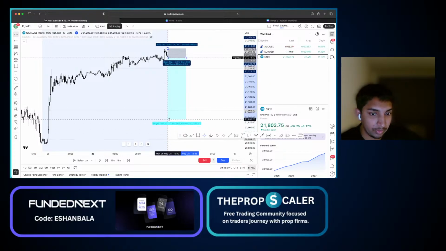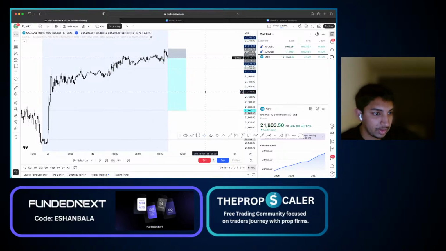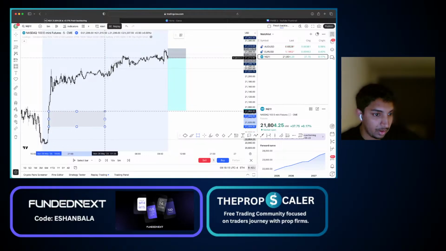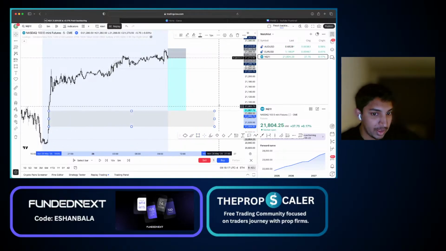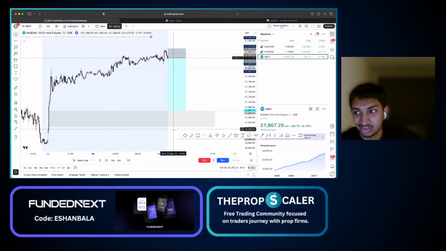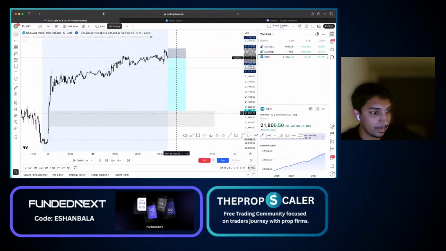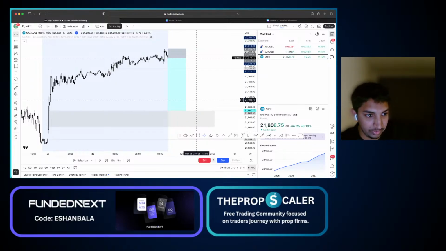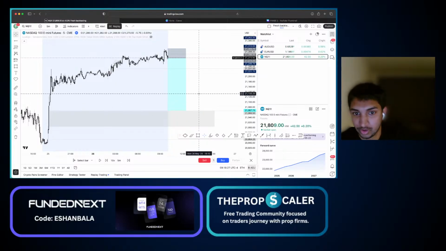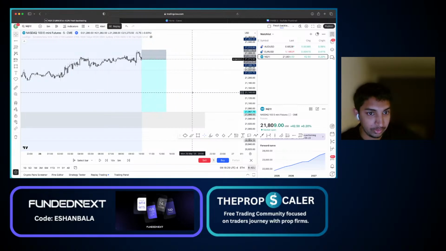What I'll do is I'll target this level over here. The reason being is we have a bullish fair value gap. I'm not interested to target such large levels, but I think this bullish fair value gap is a good target. So let's see what happens.